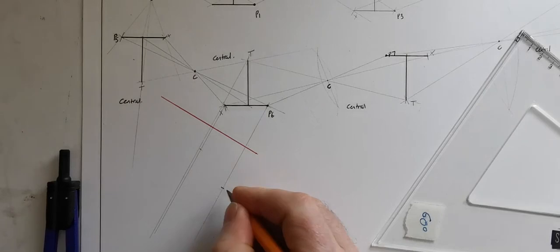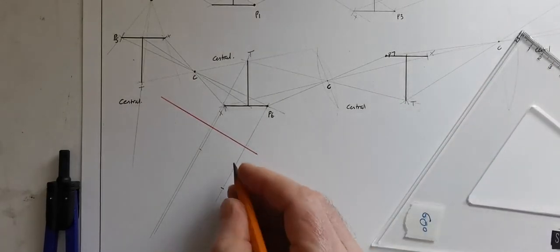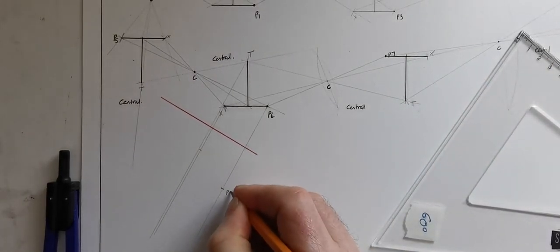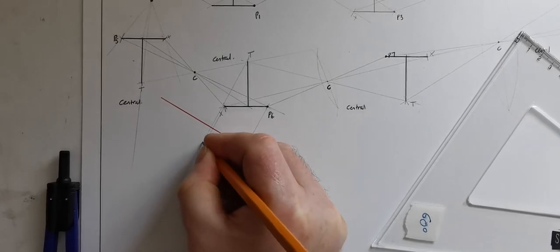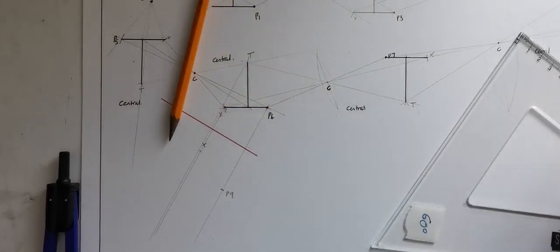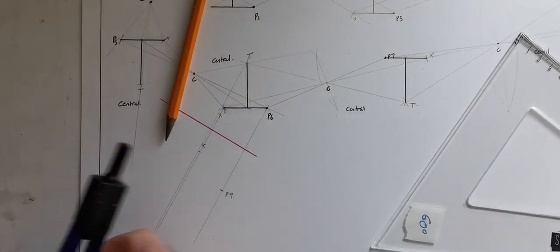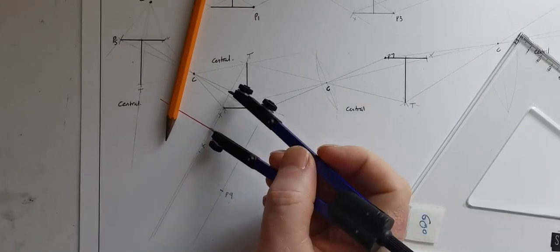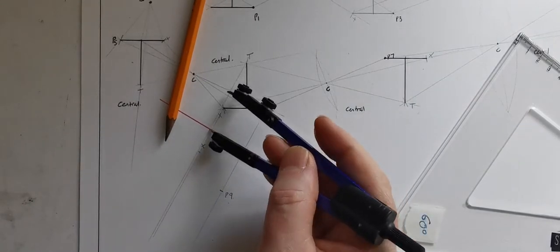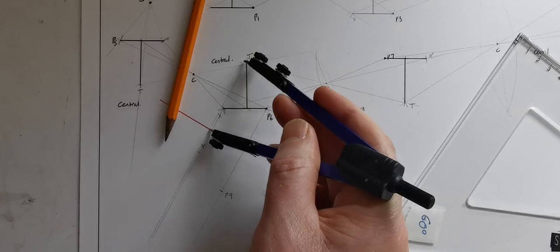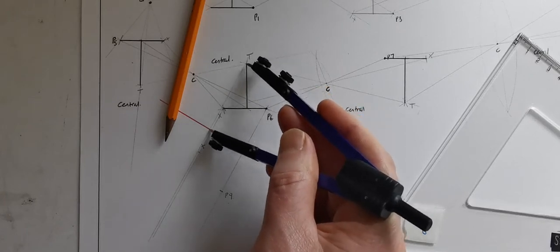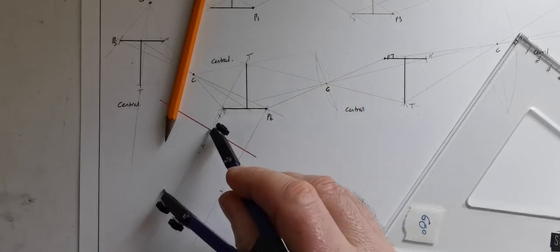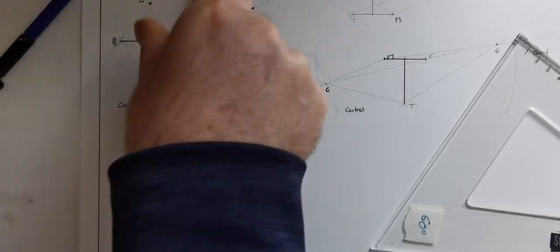So I'll just mark them. This is P6, P7, P8. I'm going to call this P9. And that's X. And finally, how far is T? That far above the axis, so it goes that far below the axis.